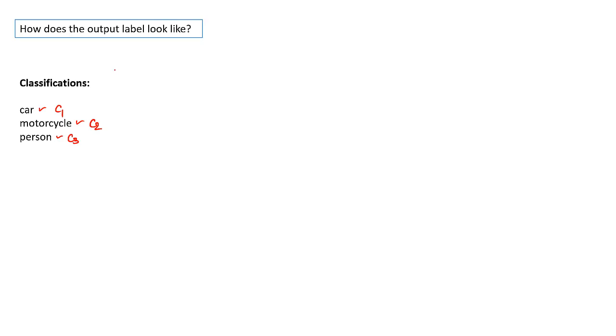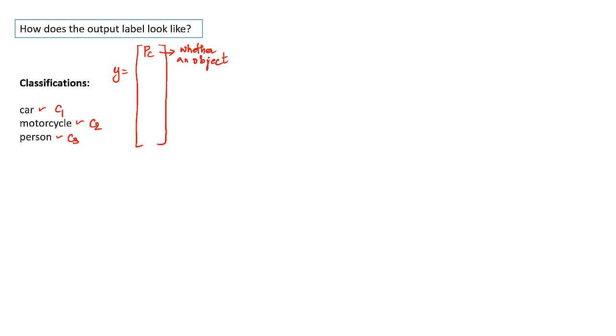So the y variable is a vector which consists of the following values. It consists of a value called PC. PC gives the value of whether an object is present inside the picture or not. There could be images which don't have any motorcycle, car or person.